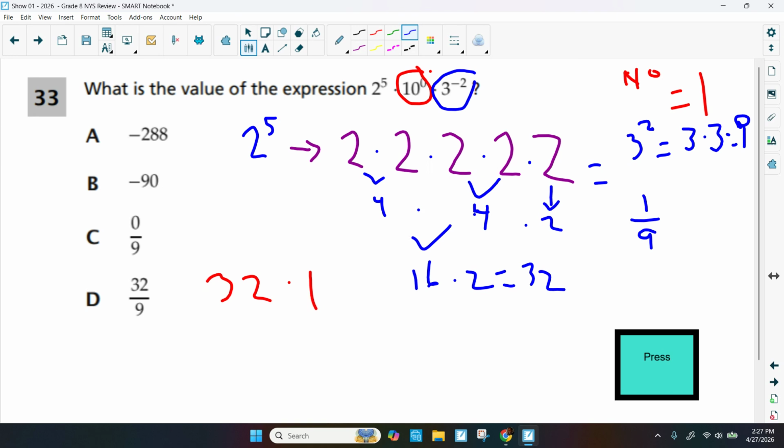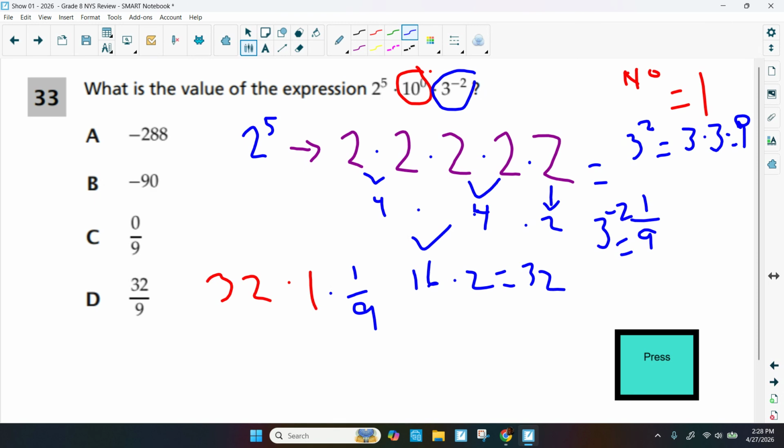So these are negative exponents. So when you have a negative exponent, 3 to the negative 2 equals 1/9. So that's my last thing that I have, 1/9. So I have 32 times 1 times 1/9.